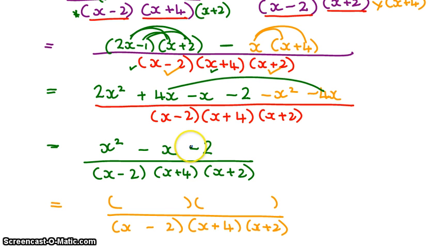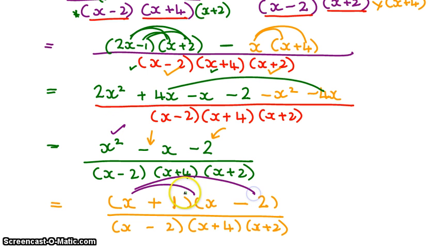Now x squared minus x minus 2 is a trinomial, which means it could be factorized, x times x. Two things multiplied together to give you 2 would have to be 2 and 1. Could I possibly get minus 1? I could have a minus 2 and a plus 1. That might work. x squared minus 2x plus an x would give me minus x and minus 2.